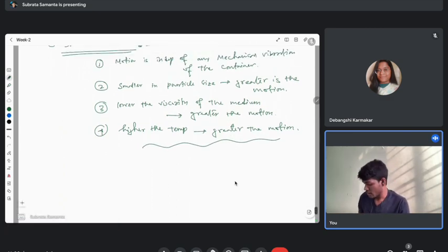Suppose you consider vibrations in a lattice. This kind of vibration is not external, it is internal vibration of the lattice. Can you consider it as Brownian motion?